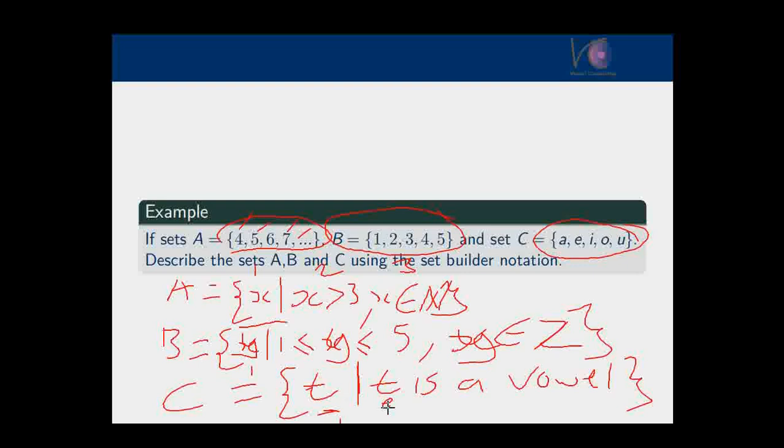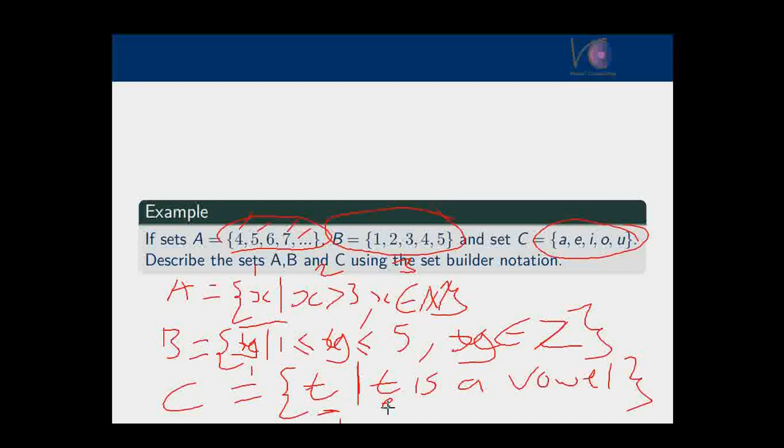So again, the way you can read it, the expression A is read as A is the set of X such that X is greater than 3 and X is a natural number.